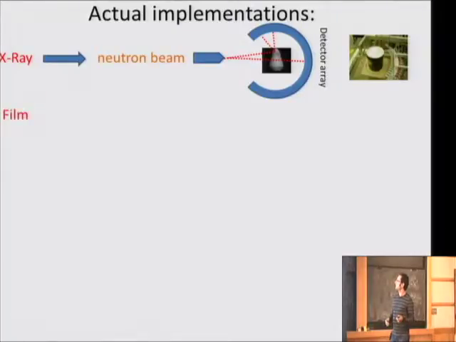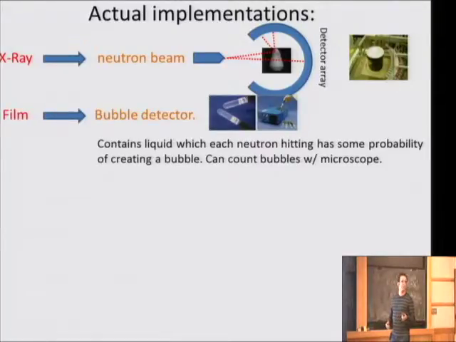In the film, there are two versions. One version, which is a little more like film, is called the bubble detector. This is some liquid where every time a neutron hits it, it has some probability of creating a bubble. Then you put it in a microscope and count how many bubbles there are.